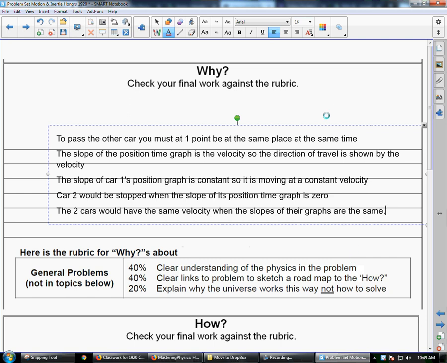So I think this one really comes down to understanding all those terms and everything that they had in there.